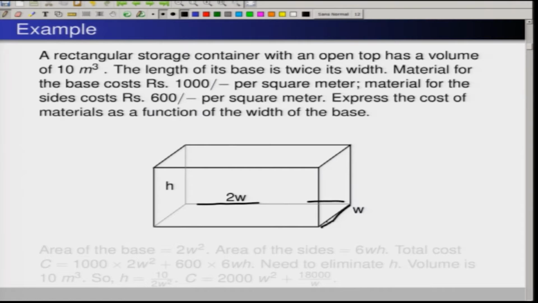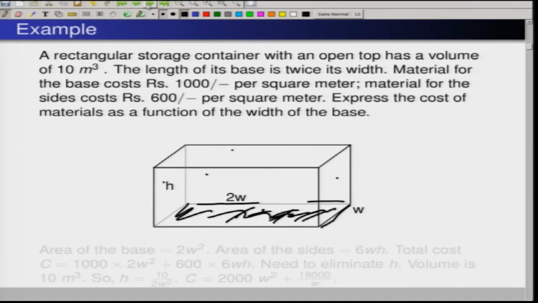Material for the base costs 1000 per square meter, that is, to construct this portion it will be 1000 per square meter. And for the sides, this side and this side, there will be 4 sides, the material cost is going to be 600 per square meter. Now, express the cost of the material as a function of the width of the base.